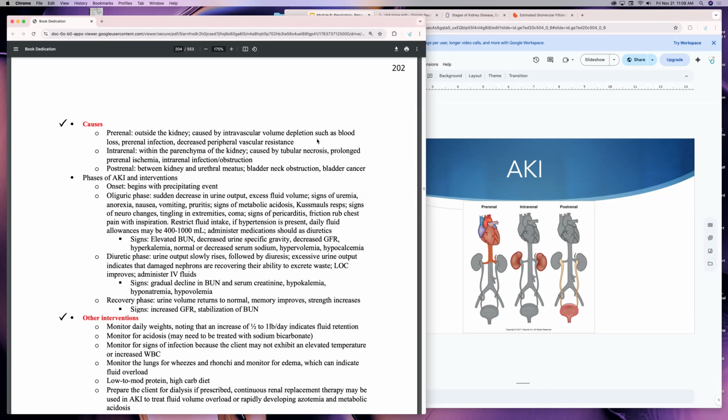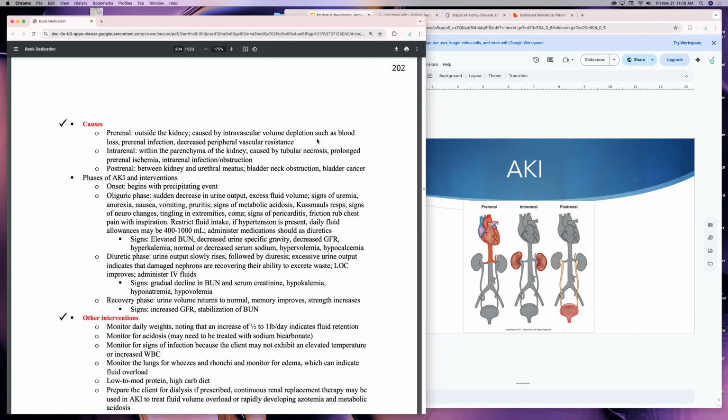Another major pre-renal cause is hypertension. Remember I told you hypertension causes vasoconstriction of the renal arteries, and that is also going to reduce blood flow. Then you have intrarenal causes of acute kidney injury like tubular necrosis, prolonged prerenal ischemia.